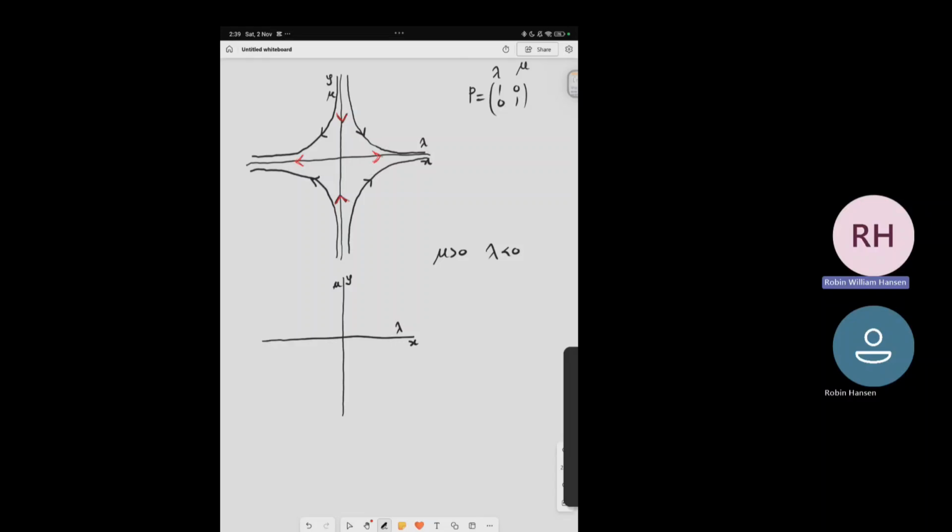Now, since mu is positive, we will have an outgoing direction for mu. We'll have an incoming direction for lambda because lambda is less than 0. And if we follow our phase lines, we'll be able to construct our solution curves.